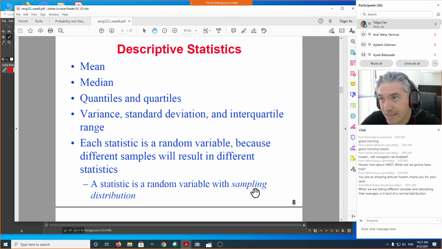But how those maxes from different samples are distributed is, in general, called the sampling distribution. It may be different from the families of distributions that we have seen up to now. So the general term for such a statistic's distribution is sampling distribution.